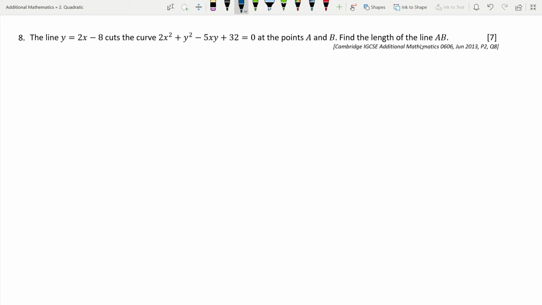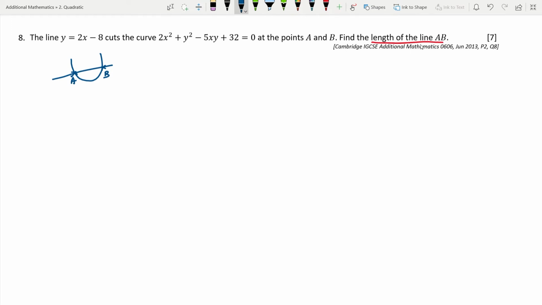Before we solve this question, let's sketch it to have an idea how it looks. We have a straight line and a curve, so probably it looks like this, and they intersect at point A and point B. We need to find the length of the line AB.